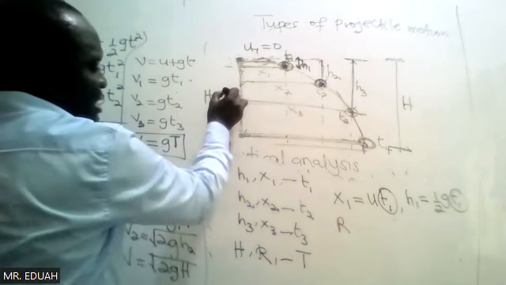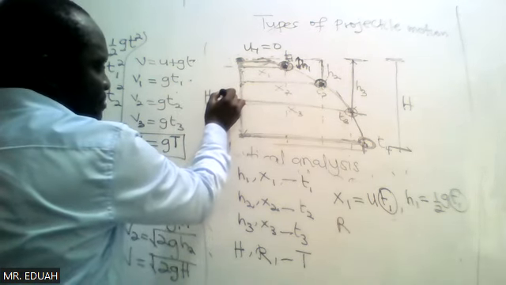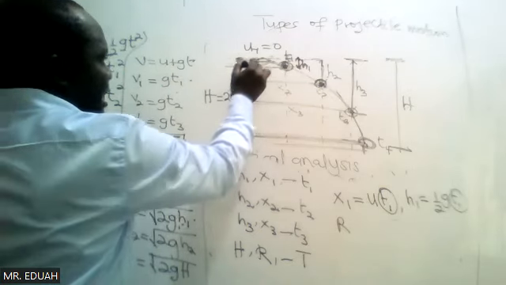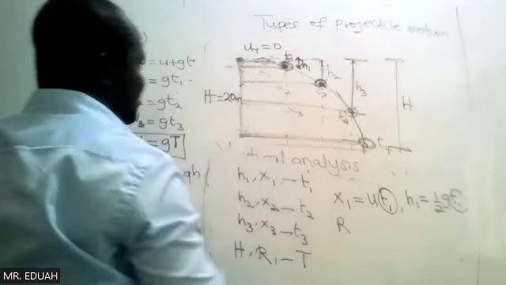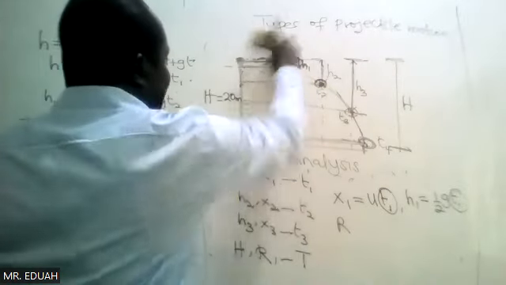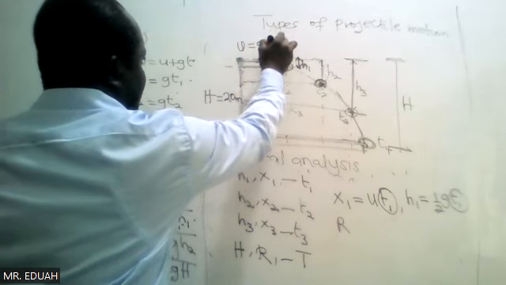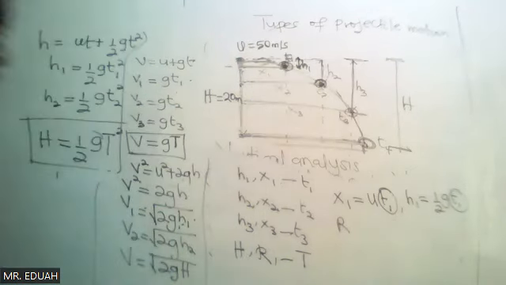What's the value of h given in the question? 20 meters. And the velocity of projection is 50. U is 50, right? Good.